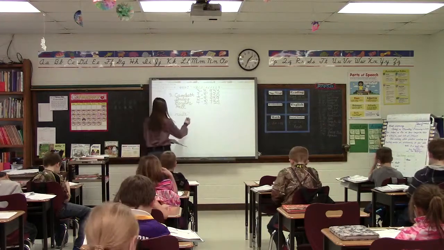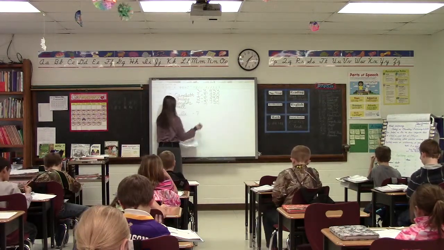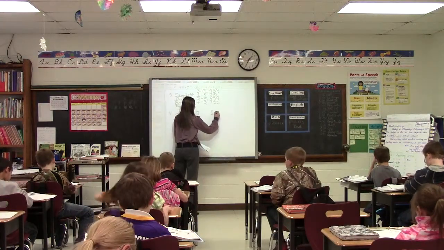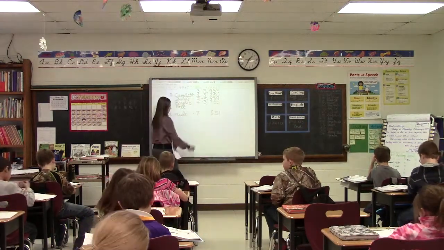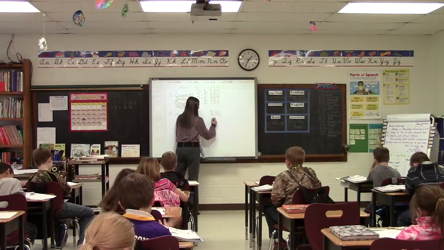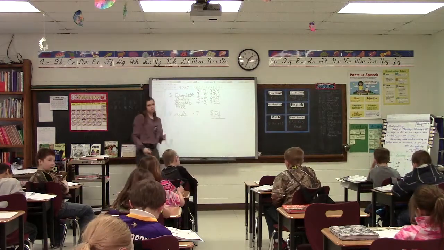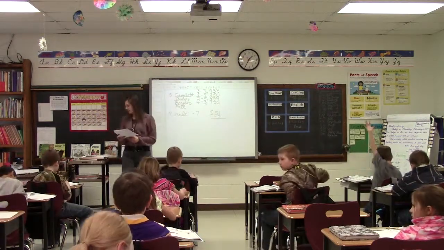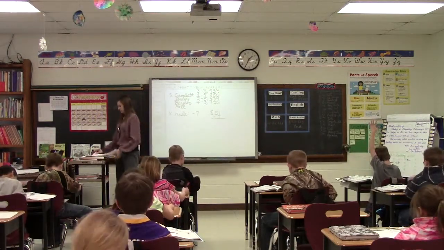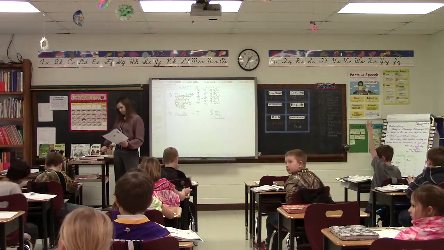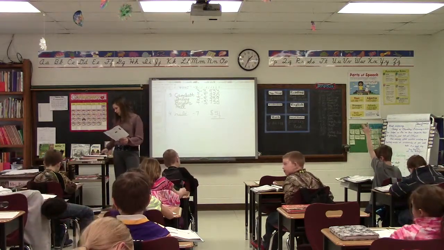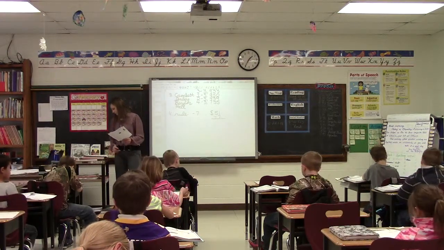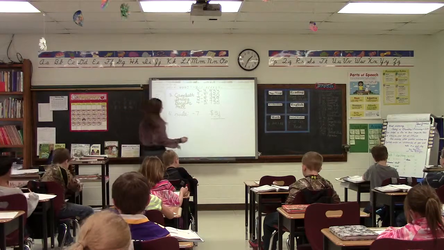Subtracting 7, so minus 7 is our rule. So if we started with a price of 51, our rule is minus 7. What do you get when you subtract 51 minus 7, Brandon? 44, is that what you said? Yep, $44.